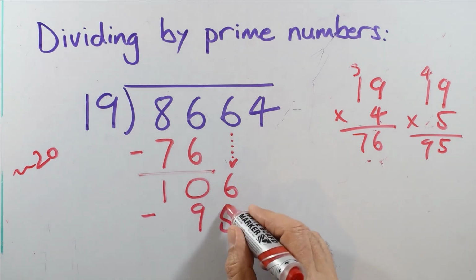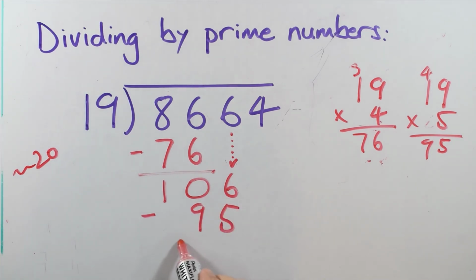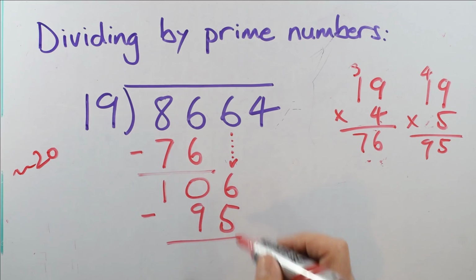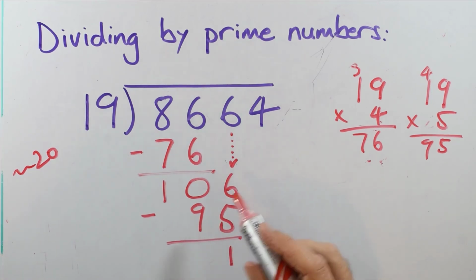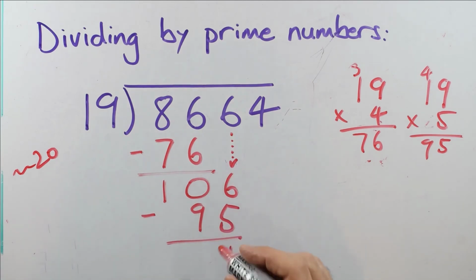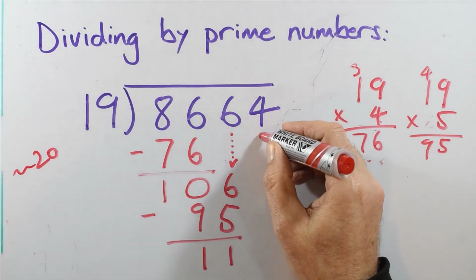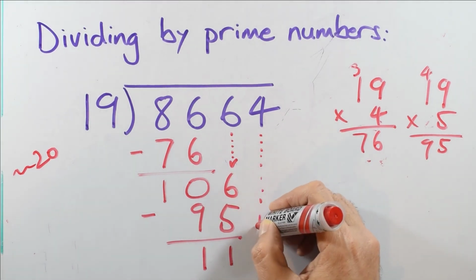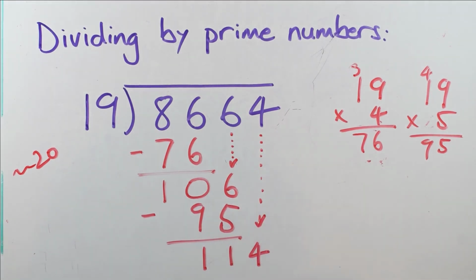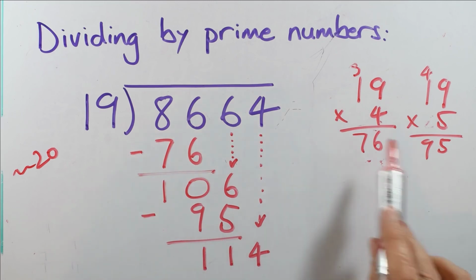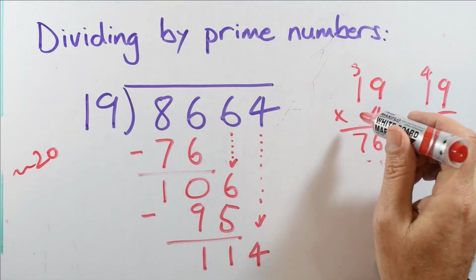Okay, so I'm going to subtract 95 from that number. 6 take away 5 is 1. Then 10 take away 9 is also 1. And this guy falls from the sky and drops down into here. Now, we've already done a bit of guesstimation on this one. 95 gives us, well, one thing I should have been doing is writing these numbers up here.